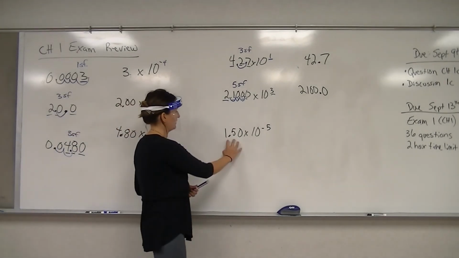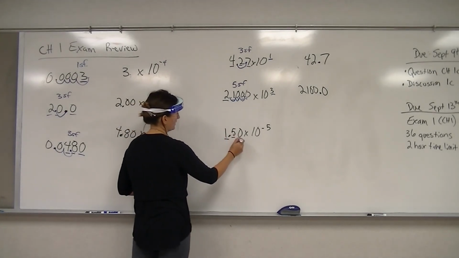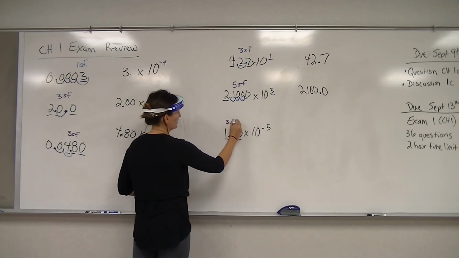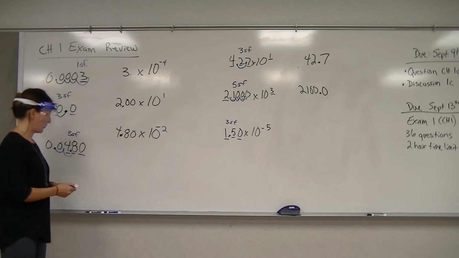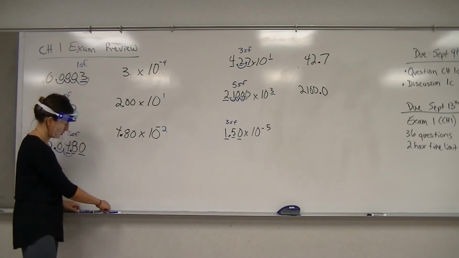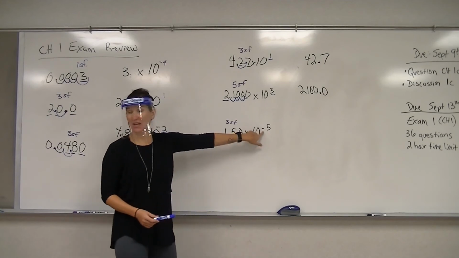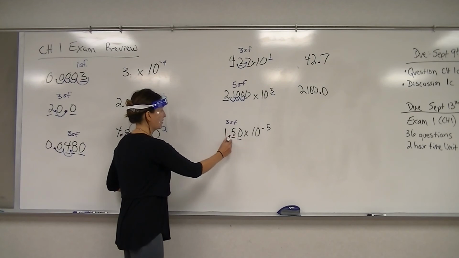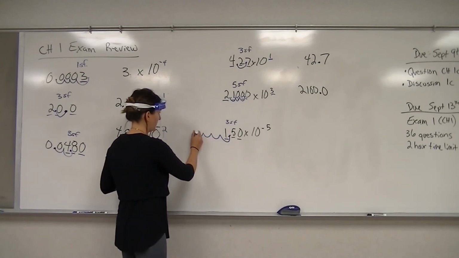All right, count sig figs on this one. How many? 3, right? This 0 counts because of the decimal. So we're going to take that decimal and move it. How many times? 5. And it's negative this time, so we want it to get smaller, so I'm going to go to the left. 1, 2, 3, 4, 5.